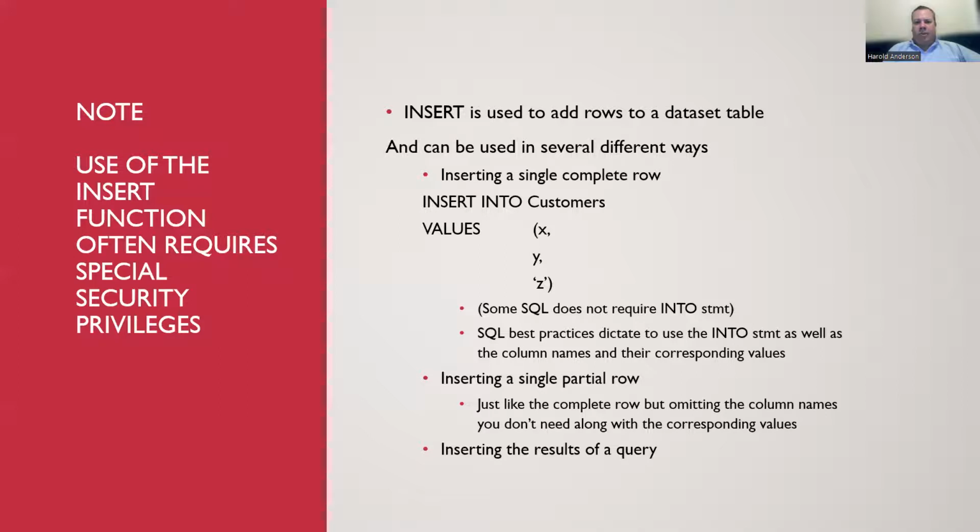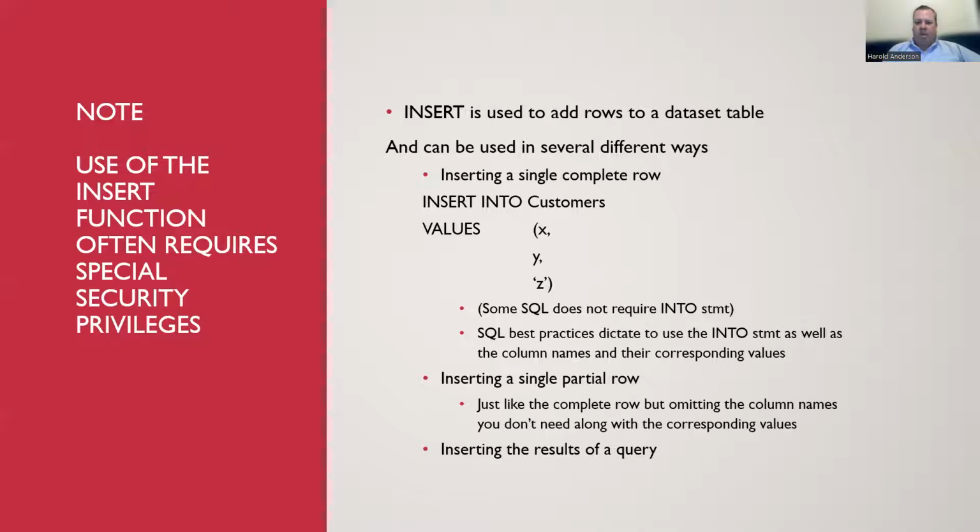Insert and into are the keywords, and then you've got the table name. One thing I didn't put here that the chapter mentions is that after the insert into and the table, you put in parentheses all of the column names, because it switches them around, and it says that's best practice.